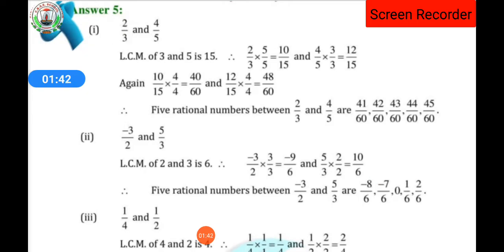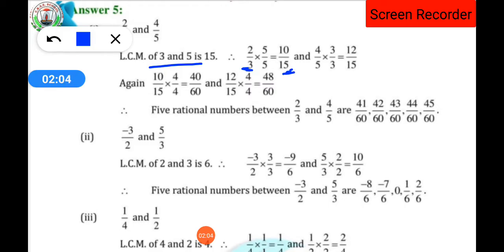Now after taking the LCM of 3 and 5, that is 15, we have to calculate. 2/3 is the number, isn't it? This denominator 3 will be multiplied by which number to get the LCM 15?